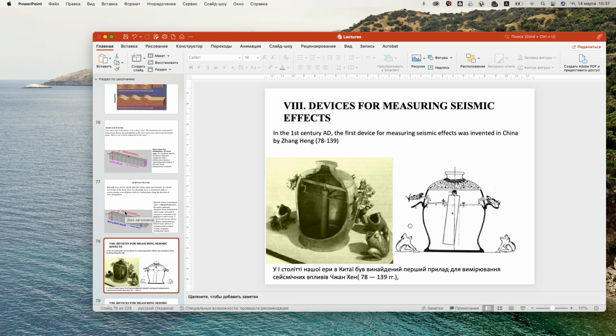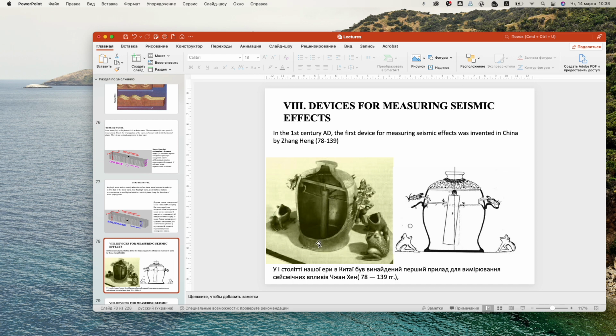So today we will analyze the devices which are used for earthquake effect measuring. And first, the device was invented in China by the Chinese scientist Zhang Heng.